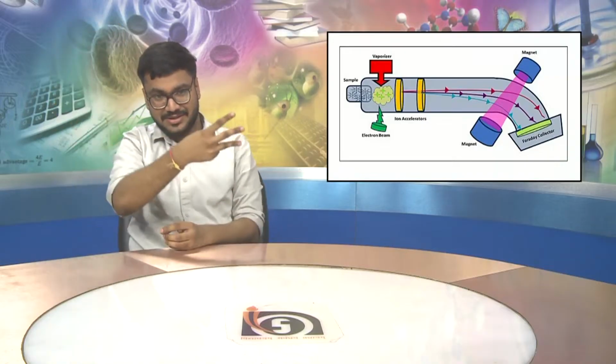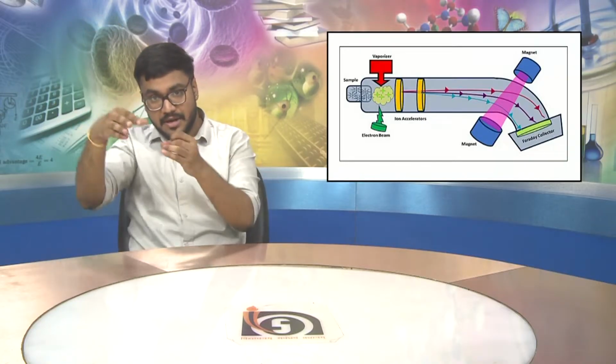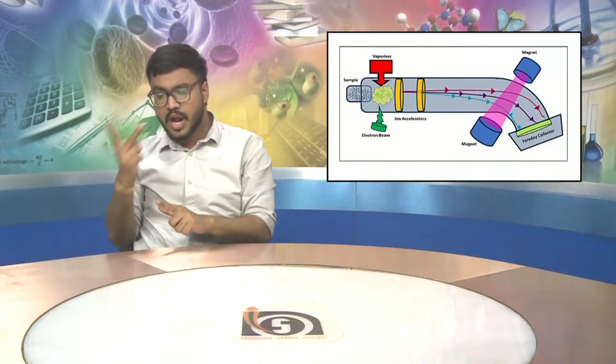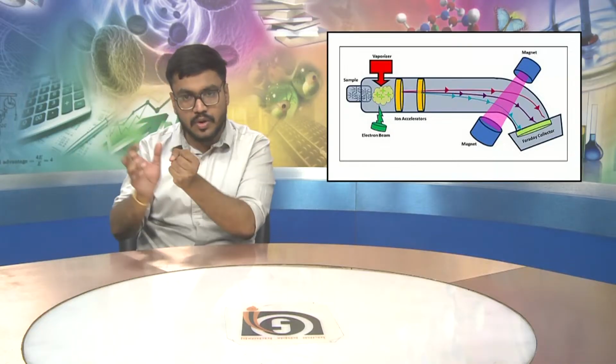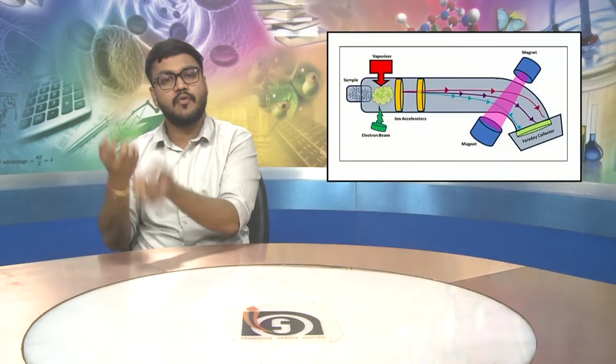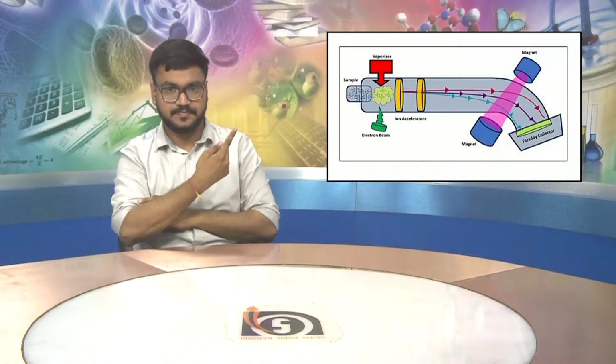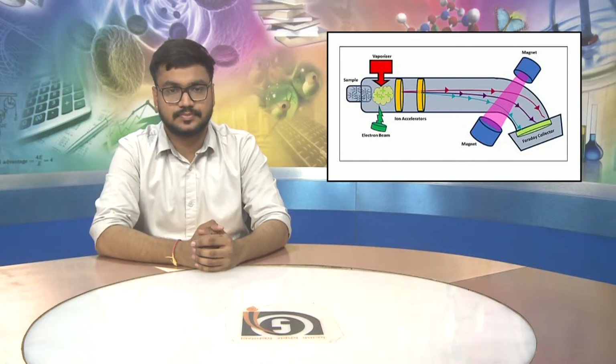There are various stages through which we get the atomic mass, like vaporizers, electron beam, ion accelerators, magnets, and at last the Faraday collector.